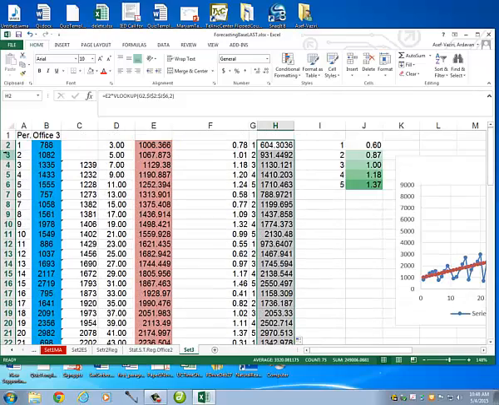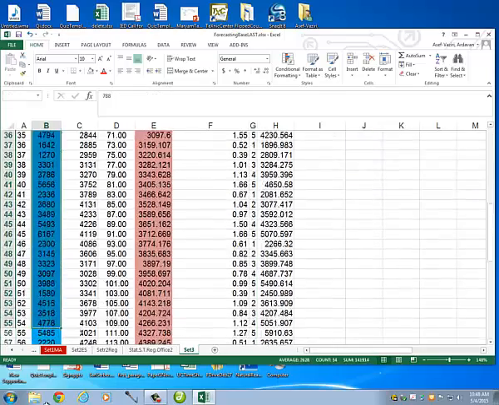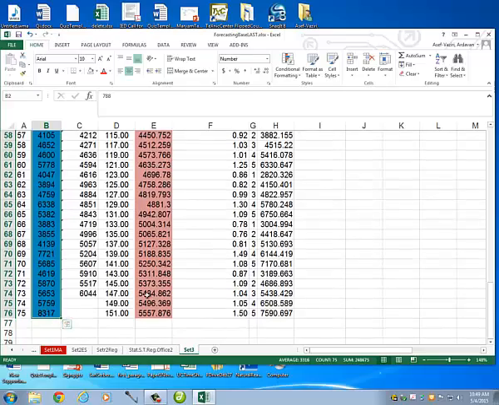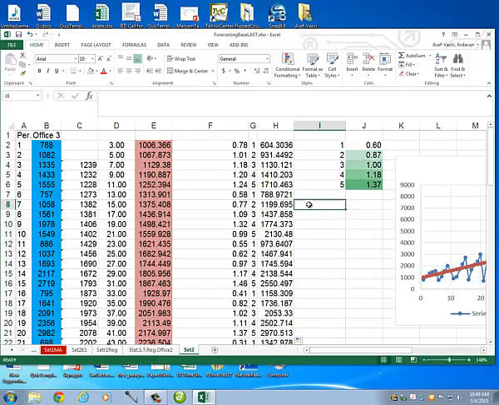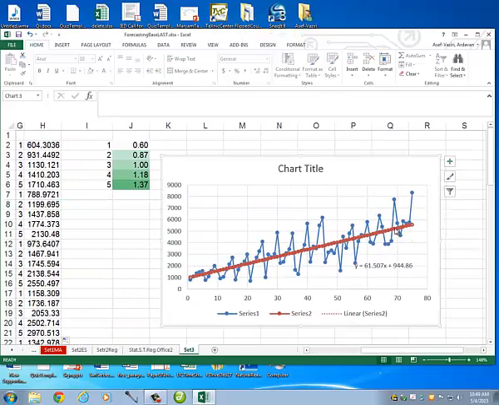Now these were my actual values. And these are my overall final forecasts. What I will do, I will go here. I delete this line. And then I go over there.